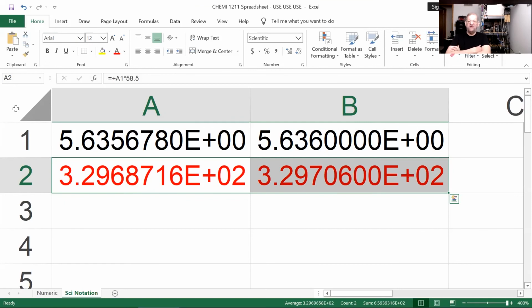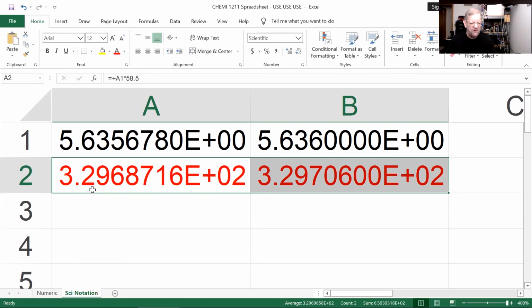I'll give you 8.7 seconds more. Time's up. And if we look over here, we have 3 significant figures, our answer should be.